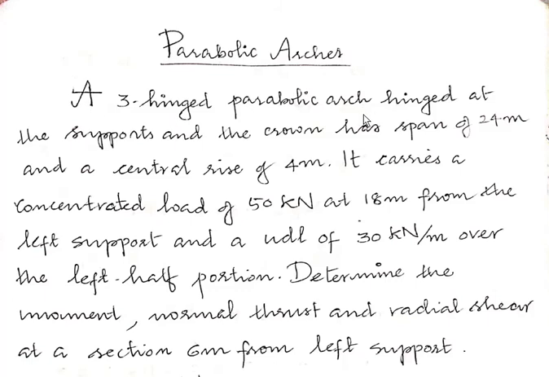We know that a three-hinged arch means the arch is hinged at the supports, the springing points, and the crown. And this arch is a parabolic arch and it has a span of 24 meter and a central rise of 4 meter. So L is equal to 24 meter and small h is equal to 4 meter.